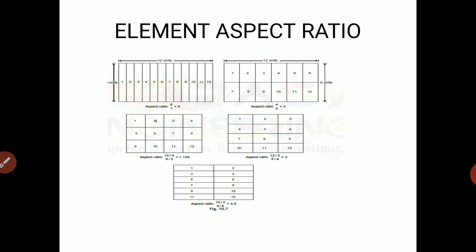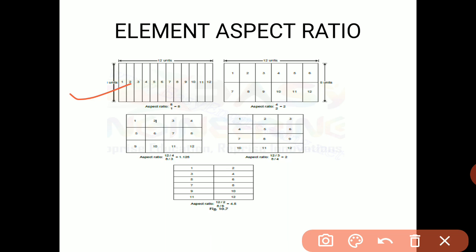Now one more important term while we discretize our structure is the element aspect ratio. So what does it mean? See this first diagram, it is a rectangular structure, and we have divided it into 12 nodes. The element aspect ratio is the lengthwise divisions divided by the widthwise divisions.